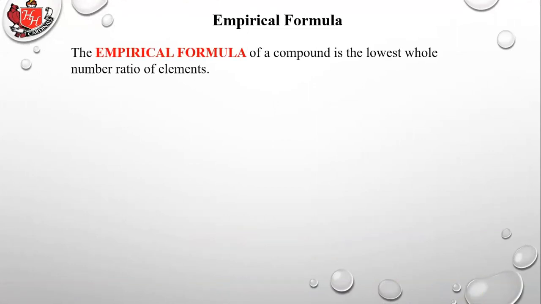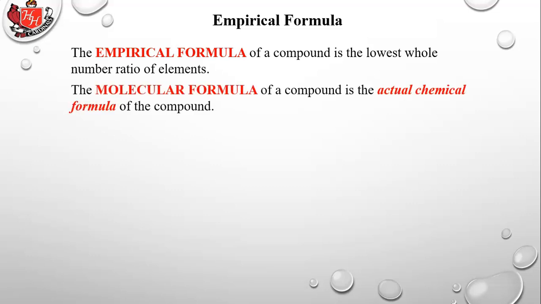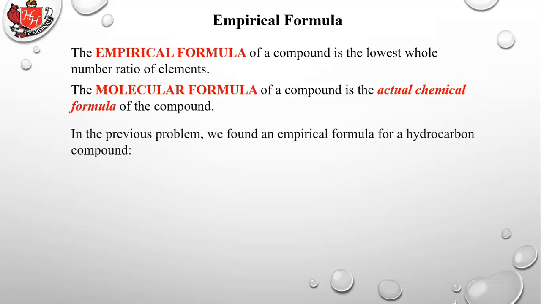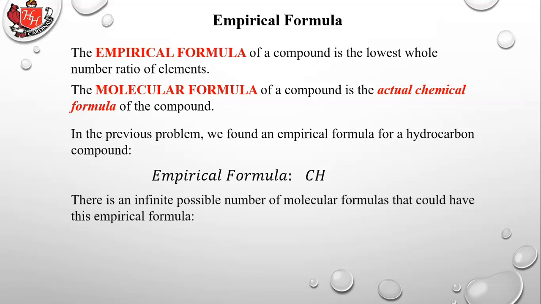So the empirical formula of a compound is the lowest whole number ratio of elements. The molecular formula of a compound is the actual chemical formula of the compound. In the previous problem, we found an empirical formula for a hydrocarbon compound, and there it was, CH. There is an infinite possible number of molecular formulas that could have this empirical formula.